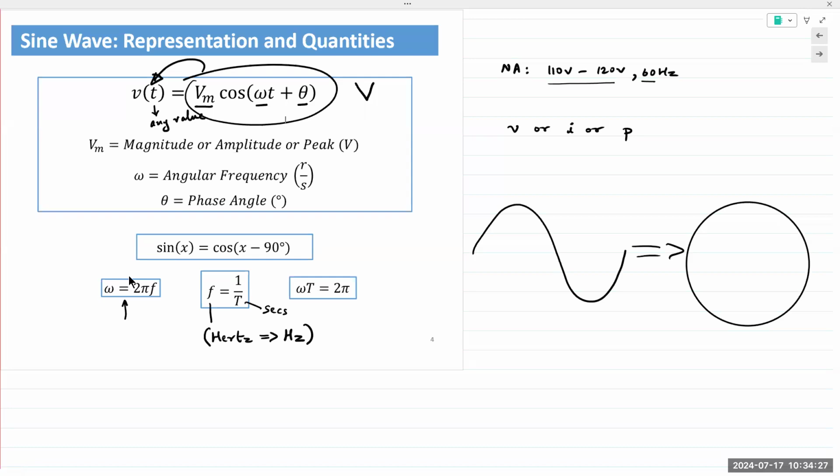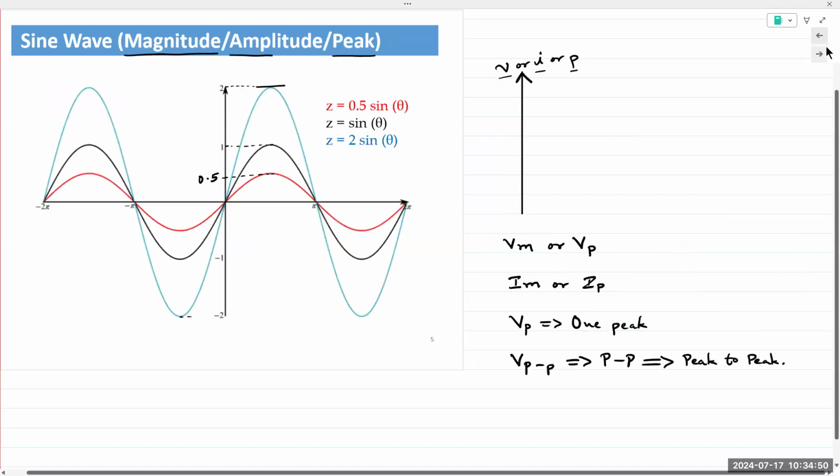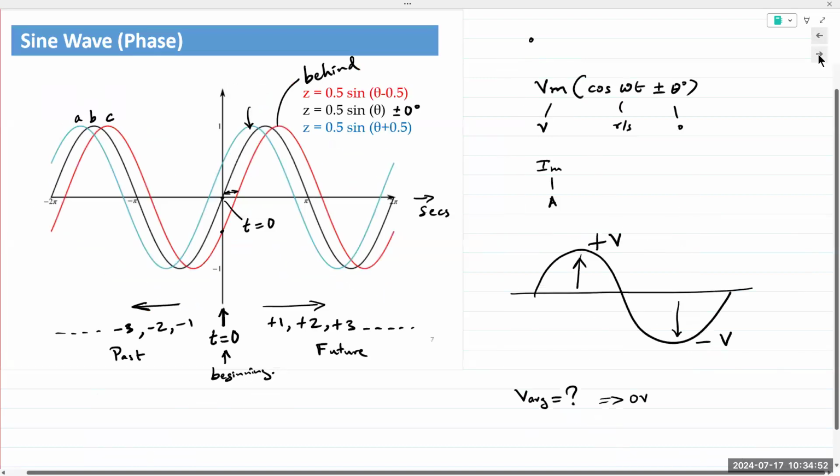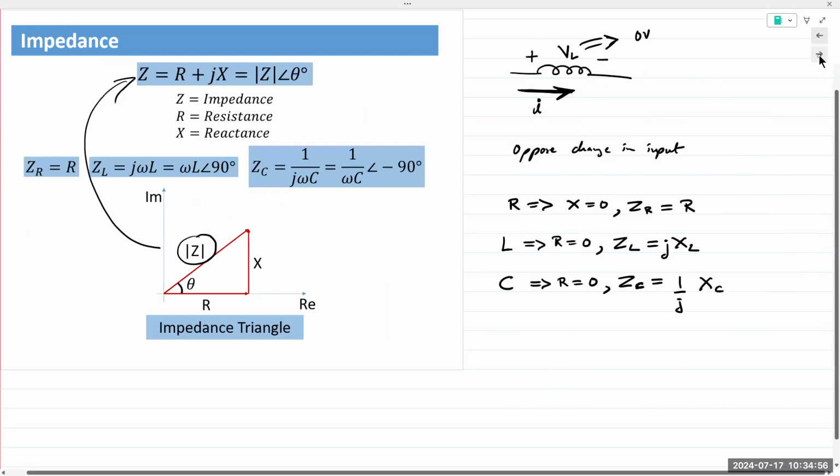Depending on the application, there are times where we would combine omega and the phase angle together, with the angle also in radians. But for simple math purposes, we want to keep the angle in degrees because we want to describe it as a vector. If we combined it together, we would not be able to use this math.